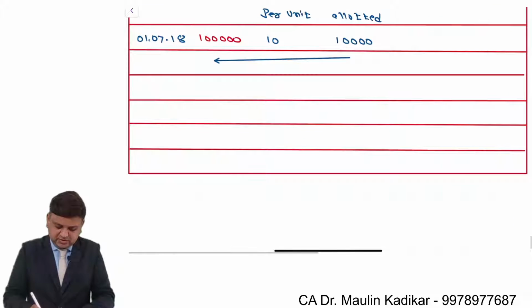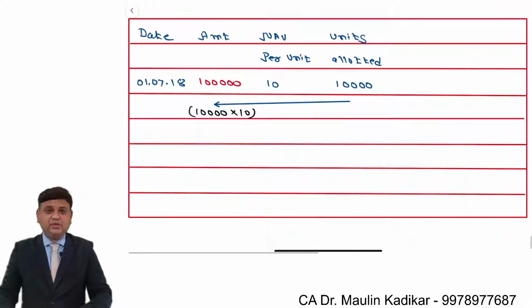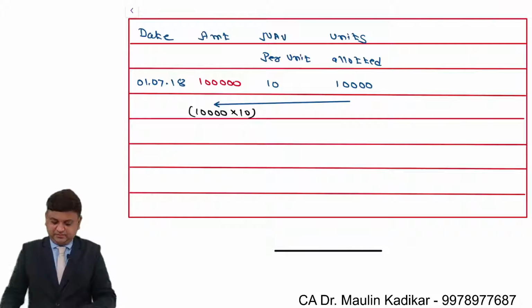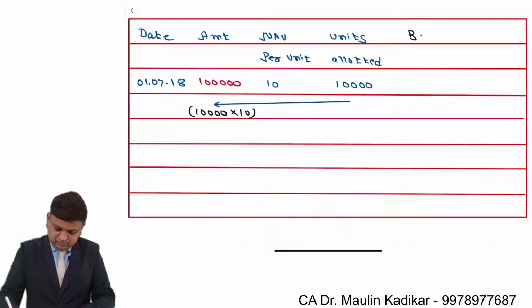It is 10,000 units into 10 rupees per unit. That is the way it comes to an amount of 1 lakh rupees of investment. So the balance is 10,000. I am preparing one more column, that is the dividend and yield.